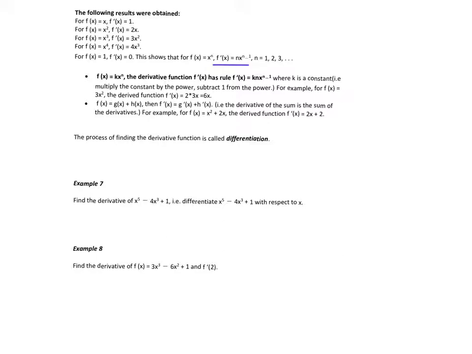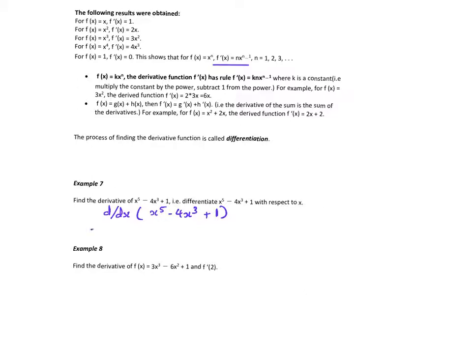But basically, because we've got no f of x or y there, we'd say that we are looking for d dx of x to the power of 5 minus 4x cubed plus 1. So we're differentiating that with respect to x.